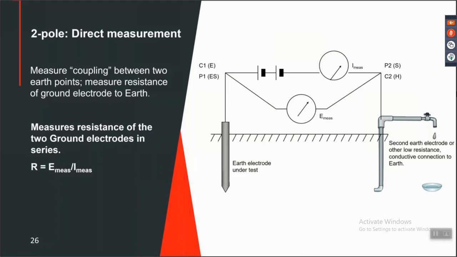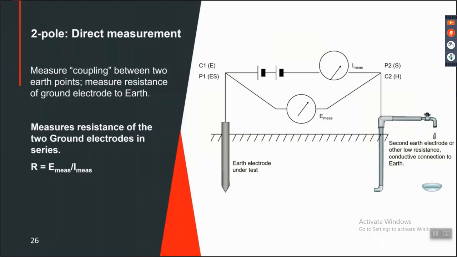So we need to make sure it is very low resistance on the water pipe. And the second consideration is that the water pipe system must be metallic throughout without any insulating coupling or flange, to make sure all current passes to this electrode.